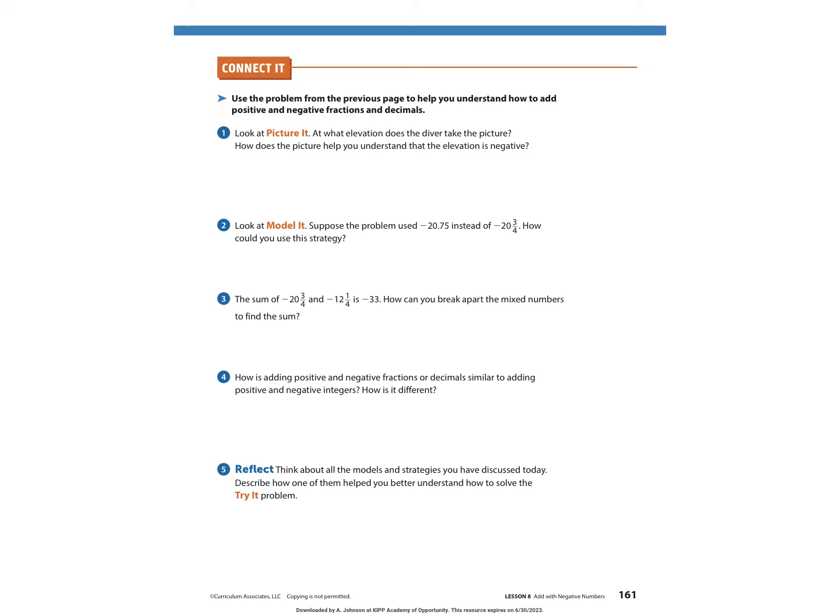All right, last page. Going to go through these to make sure you understood and got all the necessary information. What elevation does the diver take the picture? We already know that. How does the picture help you understand that the sea elevation is negative? Well, the picture said this: sea level was here and the diver was still down here somewhere. So anything underneath this, under sea level, would be negative.